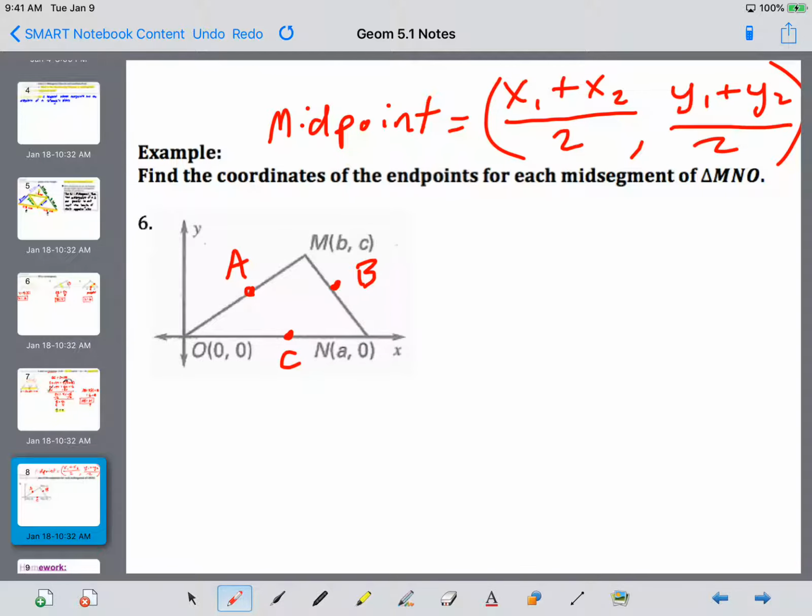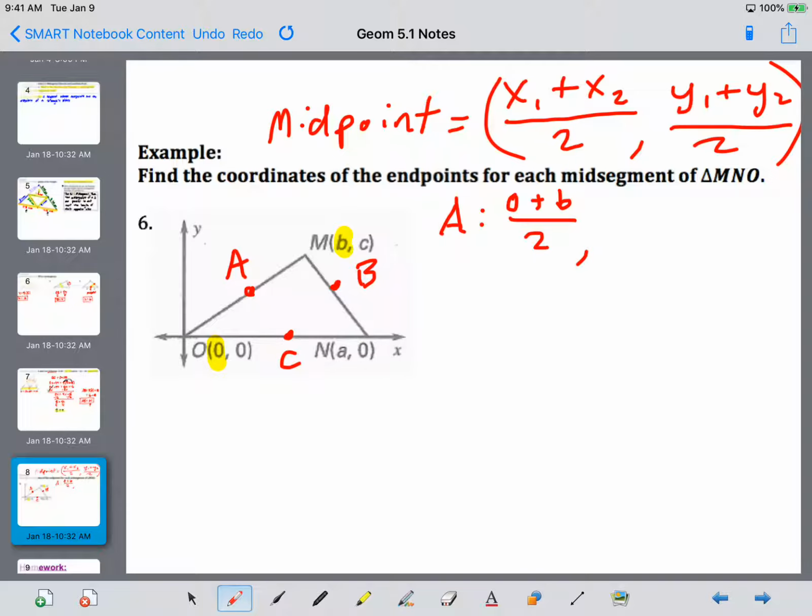Okay, so we're going to use that formula with these 3 points. First, let's find point A. Now, point A is the midpoint of O and M. So what we need to do is add the x values together. So you can see the x value of O is 0, and the x value of M is B. So we're going to take 0 plus B and divide it by 2.